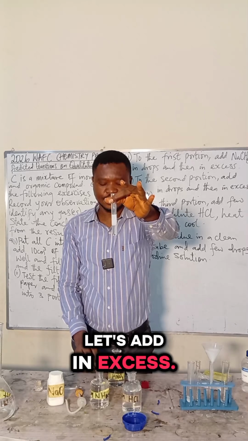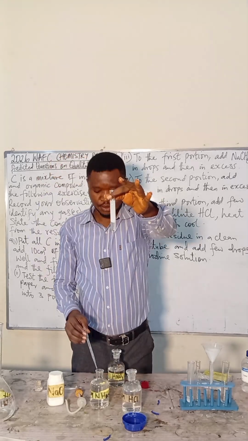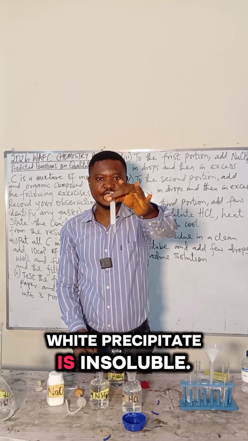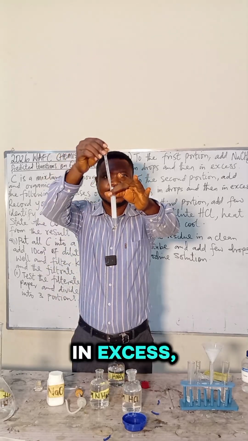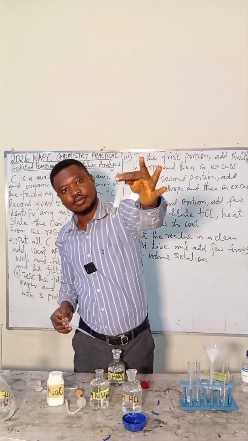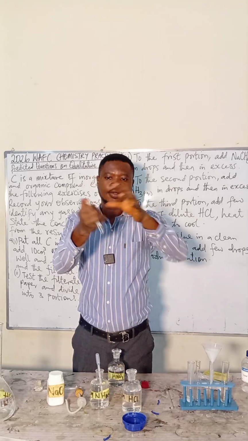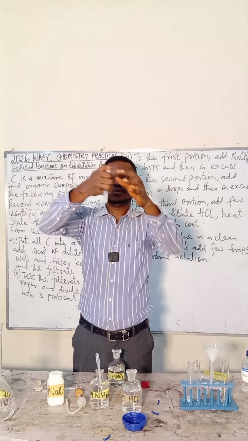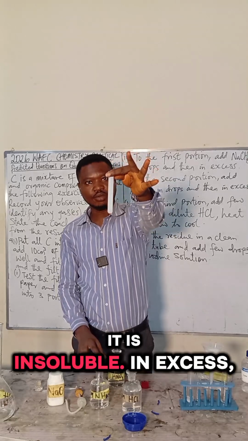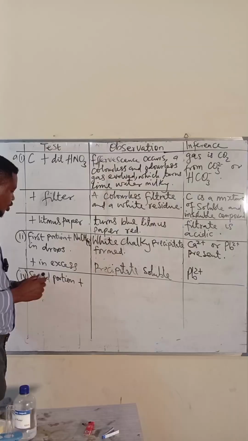Let's add in excess. White precipitate is insoluble in excess. You can see that. It is insoluble in excess.